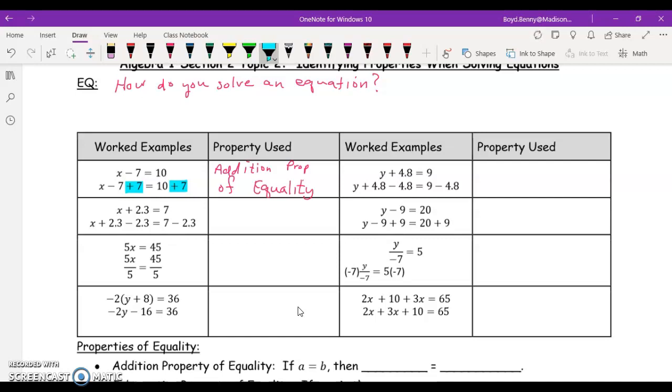In the next example over to the right, I can see that we subtracted 4.8 from both sides. Therefore, this problem is using the subtraction property of equality.